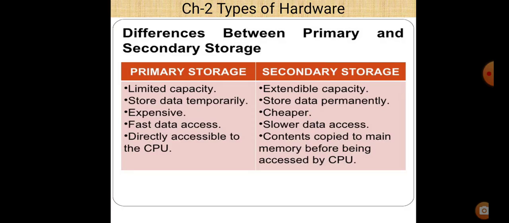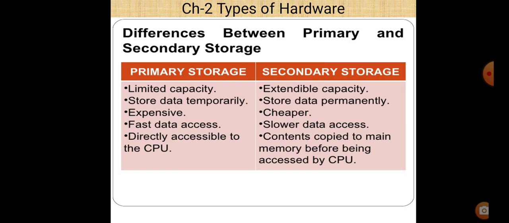When we talk about slower data access, it means read and write operations on memory. So secondary storage takes more time compared to primary memory when we perform read and write operations or access memory. Next is expense. Primary storage is much more expensive compared to secondary storage.